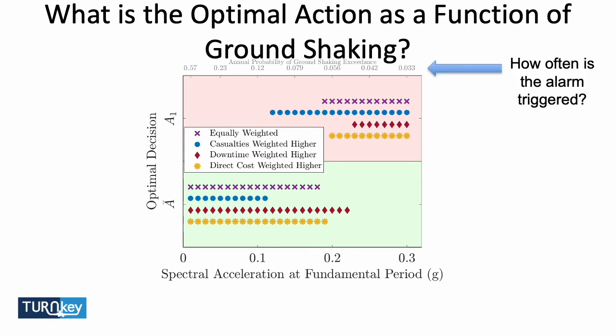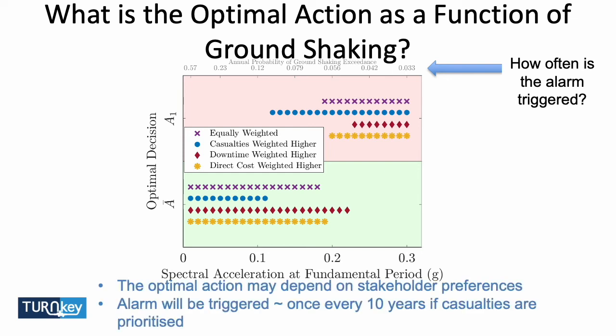Now, the first thing that we can understand if we combine this type of analysis with seismic hazard information for the site is how often the alarm is triggered. But I think the most important thing to take away from this plot is that the optimal action for a given level of ground shaking can change depending on stakeholder preferences towards the underlying criteria.